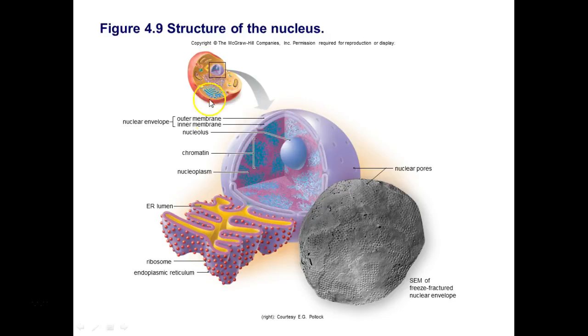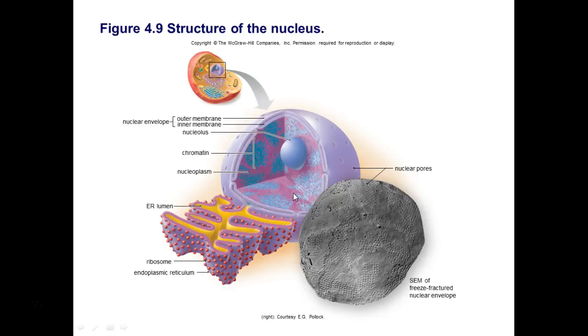So here we see the nucleus, almost looks like a golf ball here, and we have the double membrane. These are the pores. This is a freeze fracture scanning electron micrograph, which is really interesting. You can see all of these pores on it. You can also see the nucleolus. That's the site of ribosomal RNA synthesis. And then inside you see a nucleoplasm.